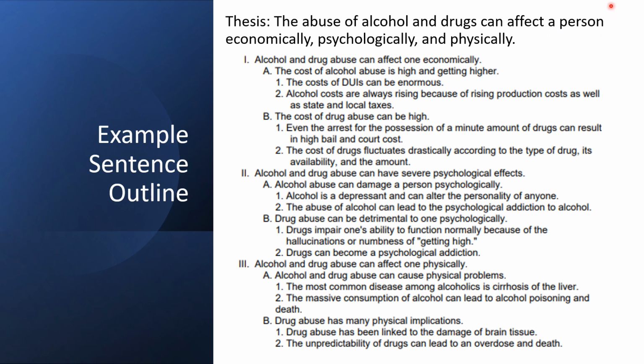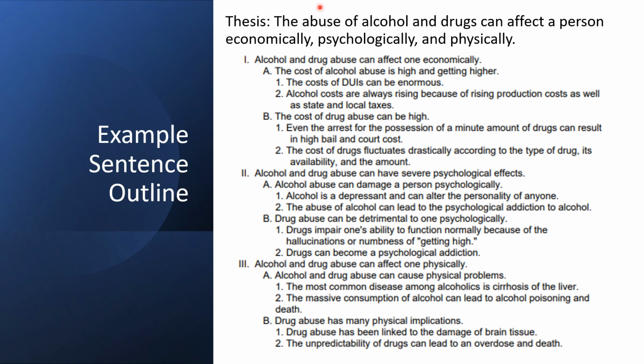If we were to rephrase it to make it better, we can say it like this. A person's economic status, as well as his psychological and mental conditions, may be affected by his or her abuse of alcohol and drugs. So that would make it not look like a list.